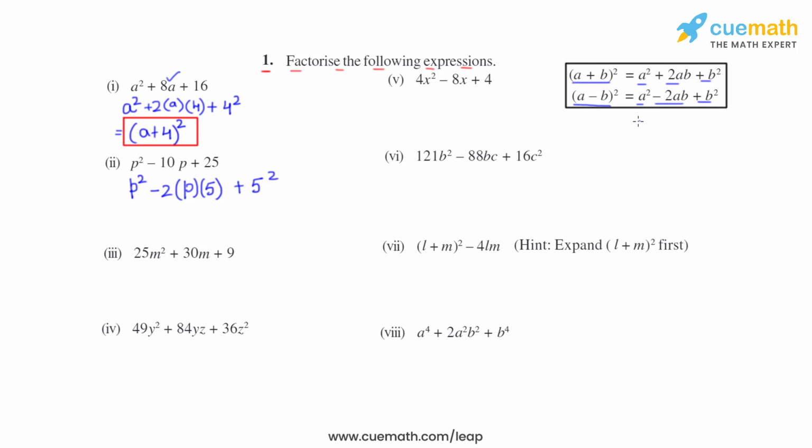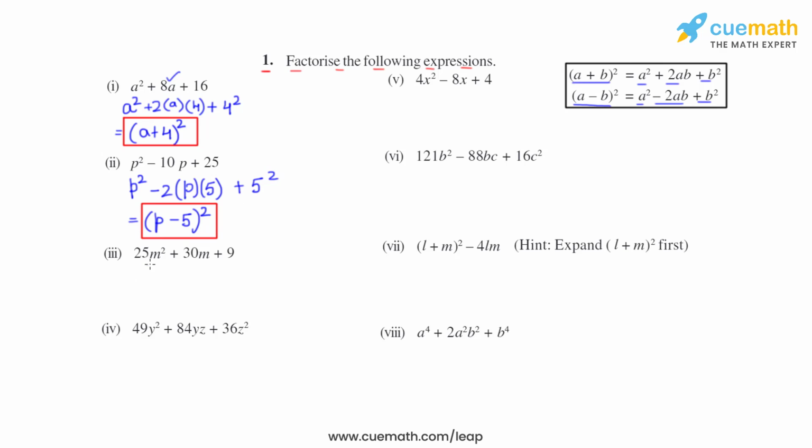So it can be written as a square minus 2ab plus b square. So this equals a minus b, where a is p and b is 5. So p minus 5 whole square. So the factored form for the second one comes out to be p minus 5 whole square.